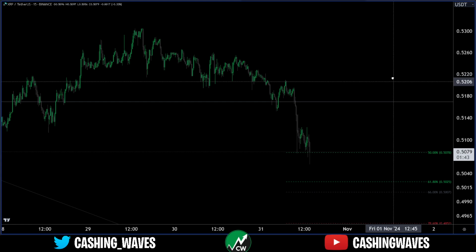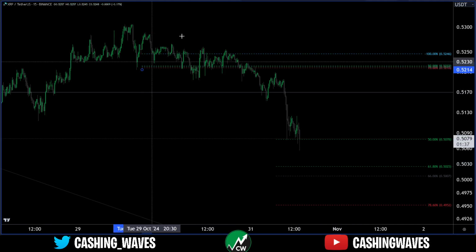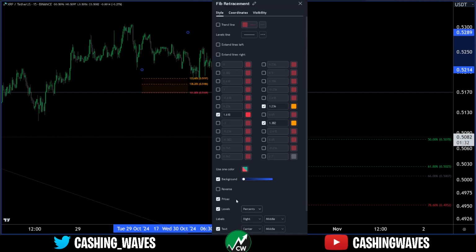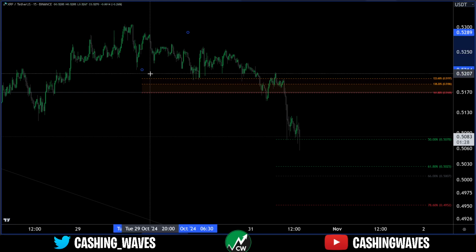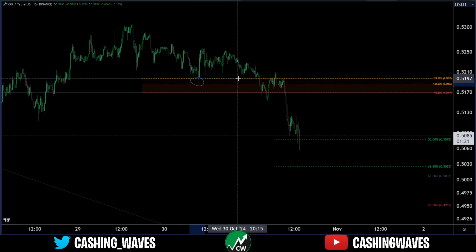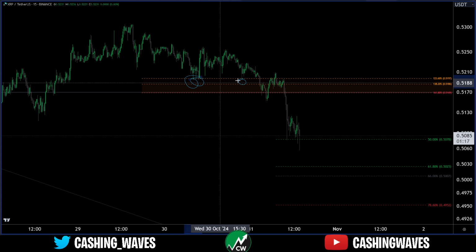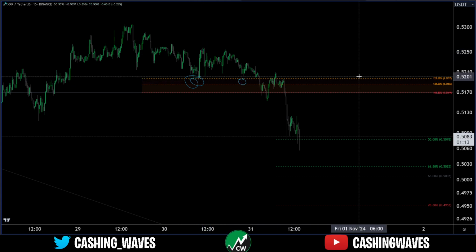I'm seeing a couple different things. I did measure this for our B pocket here, our B zone. So you can see all these. So I took the measurement from the drop of this first wave. This zone can be considered a B wave within a running flat where we make a lower low and a lower high. So all these can be considered corrections.